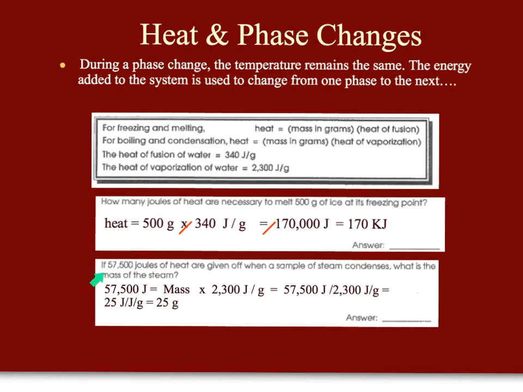Do remember that steam is water, so we're going to be using our heat of vaporization equation, where our heat energy equals our mass, which is X, times our heat of vaporization, which was stated as a standard. We're going to solve for X, and we would have 25 joules over joules per gram. Joules cancel, 25 grams.